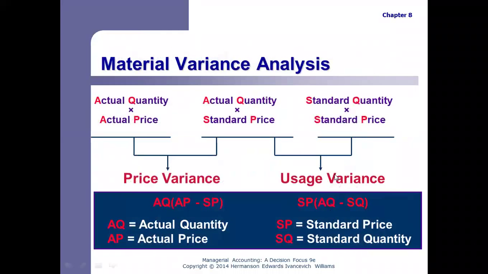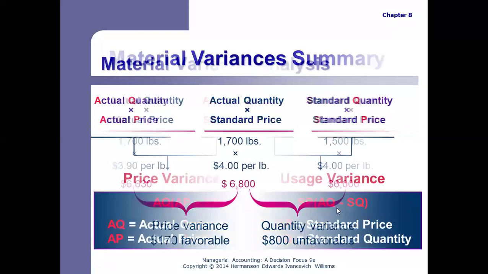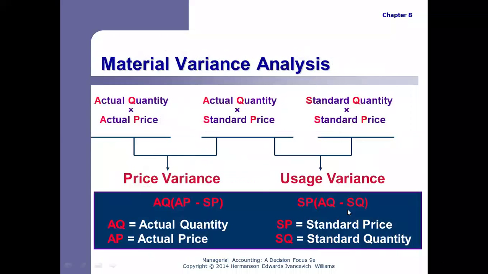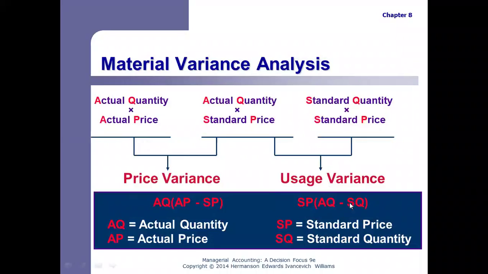Okay, so the usage variance is standard price times your actual quantity minus standard quantity. Looking at the amount within the parentheses, the actual quantity is 1,700 and the standard quantity is 1,500, so that's 200 in the parentheses.